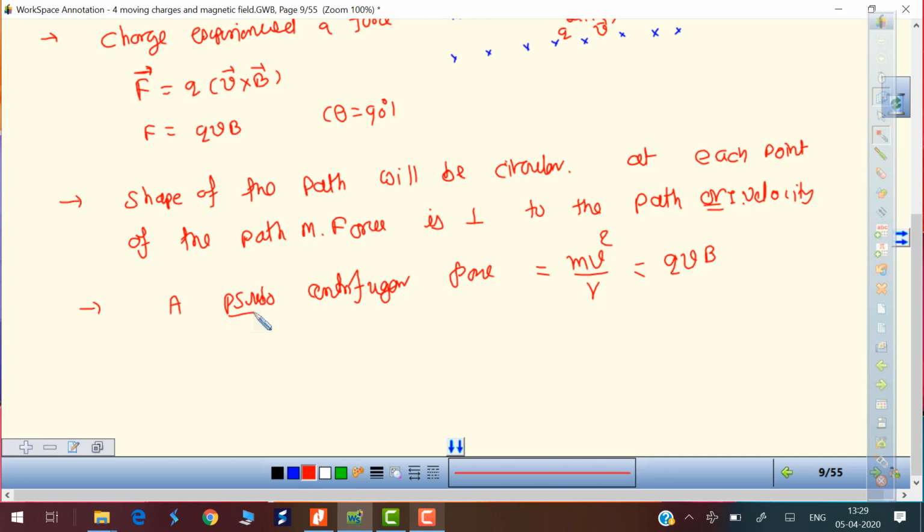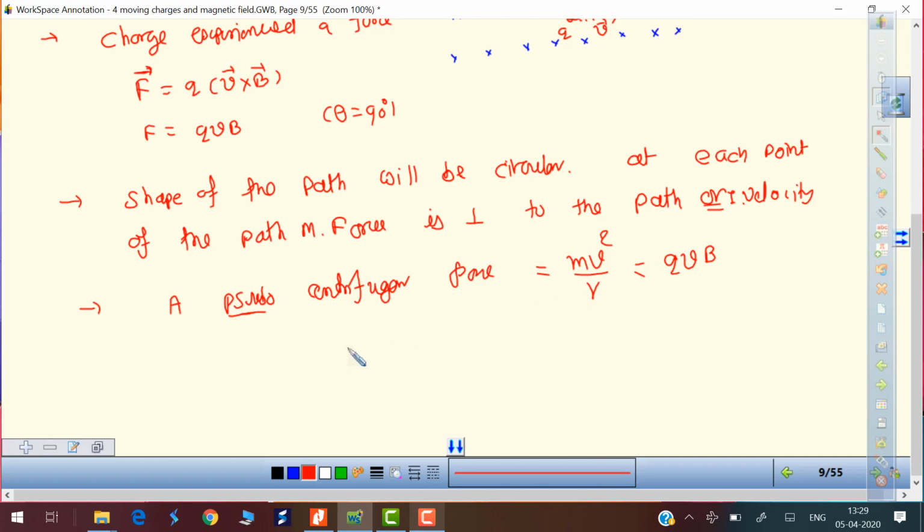Sometimes it is also mentioned that this is the centrifugal force required to keep the circular motion, and to make this an inertial reference frame, we use the pseudo concept. That is also one way. Okay, so qvB is acting toward the center, and this force is provided by qvB. You can say it like that also.